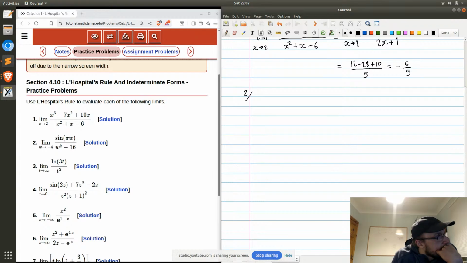And again, this is why you can't actually just plug in -4.